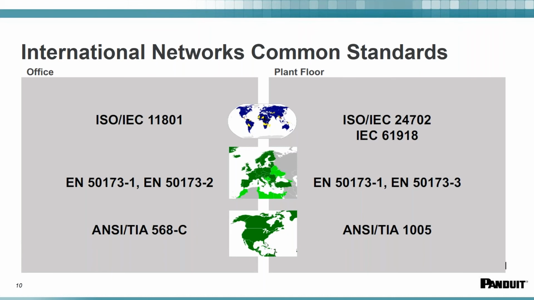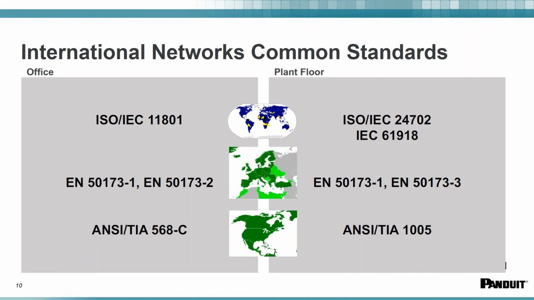So you will find elements of this standard in the other standards that exist below. For instance, in Europe, they use the EN specifications, which are similar to the IEC, but have different local interpretations depending on where you are in Europe.